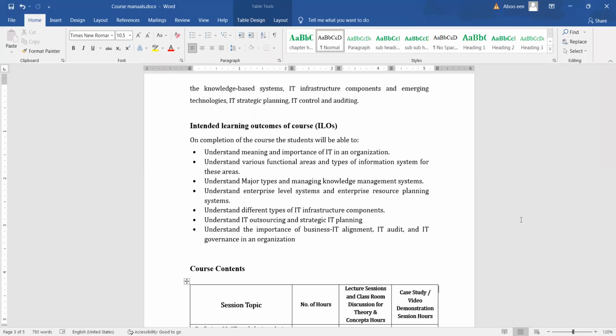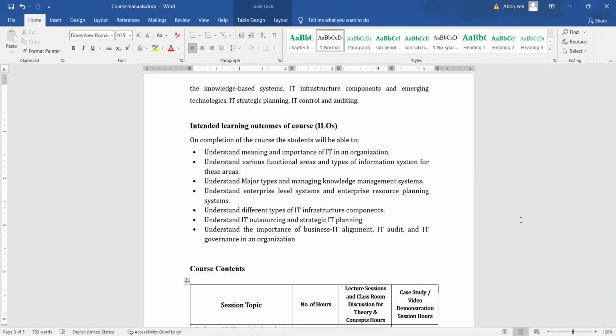By learning this subject, the students can understand what enterprise level systems are, what the different types of enterprise systems are, and how enterprise resource planning systems support an organization.